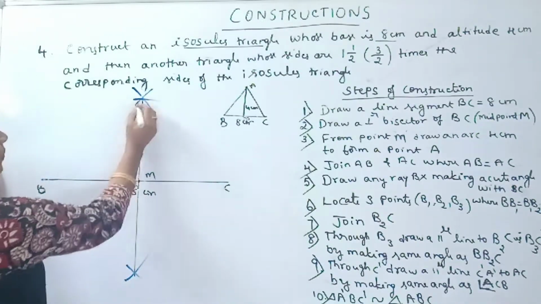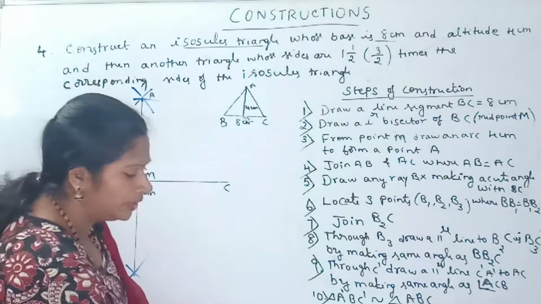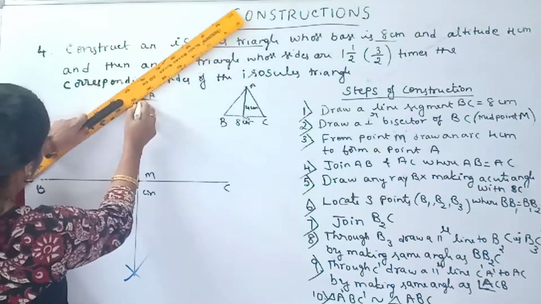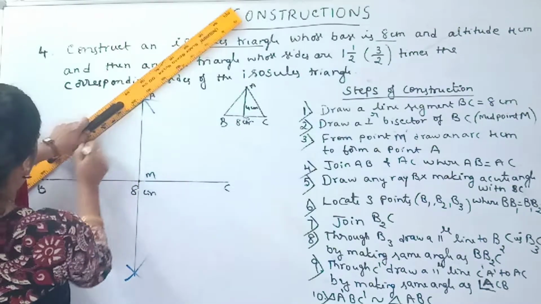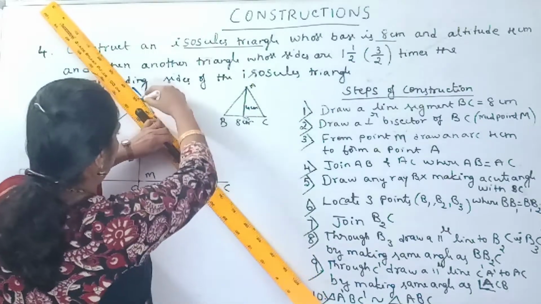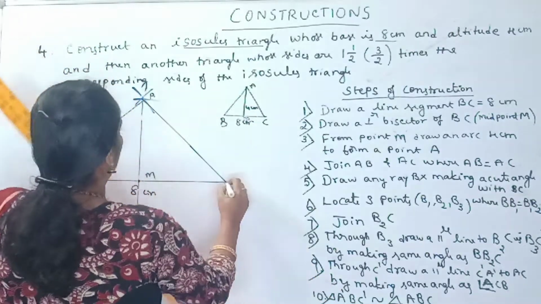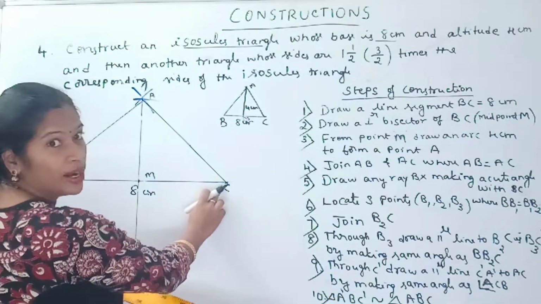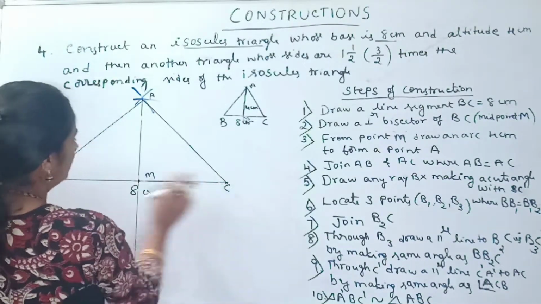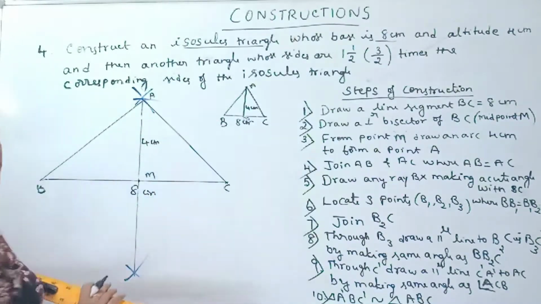Now you name that point as A. Now we have to join AB and join AC. Now ABC is the required isosceles triangle of base 8 cm and height 4 cm.